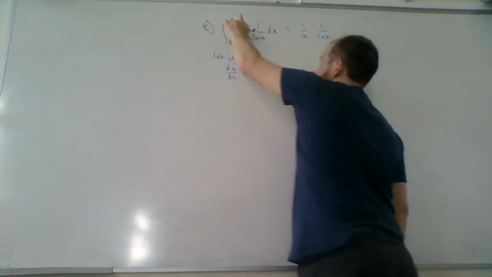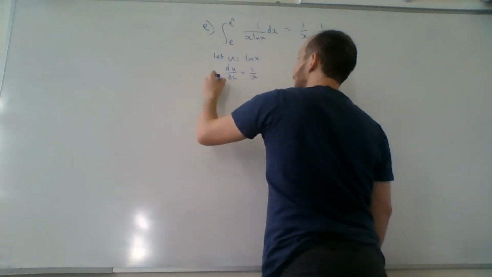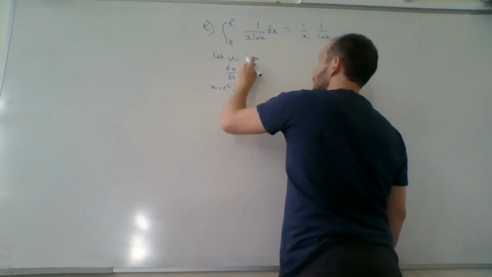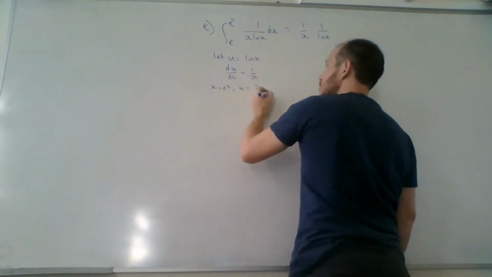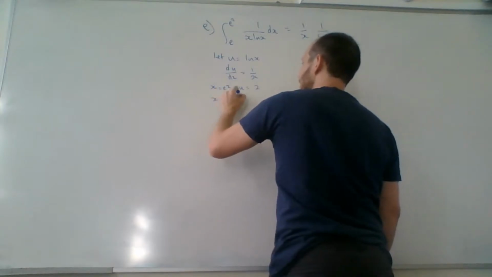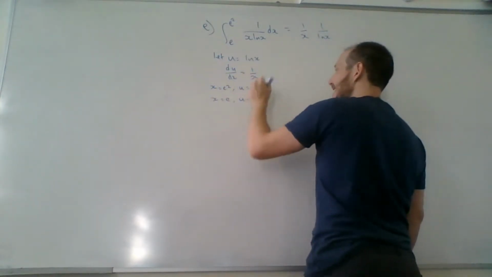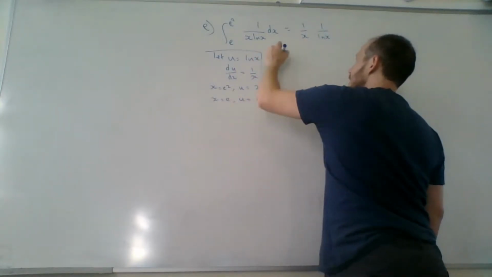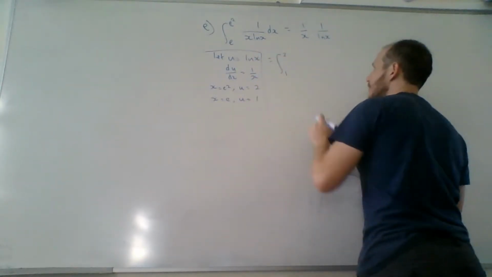Now, I also need to change my bounds. So when x equals e squared, u equals ln e squared, which is 2, and when x equals e, u equals ln e, which is 1. So my integral becomes the integral from 1 to 2.